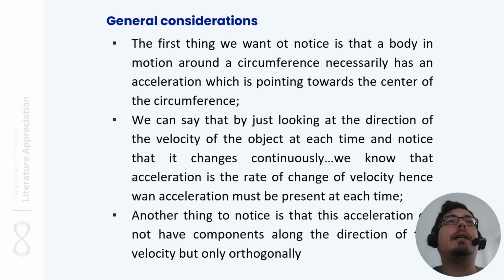So, as I said, there are a few things that we need to keep in mind. The velocity at which the body is moving is tangential to the trajectory. Okay, and this is because basically the rate of change is towards the center.